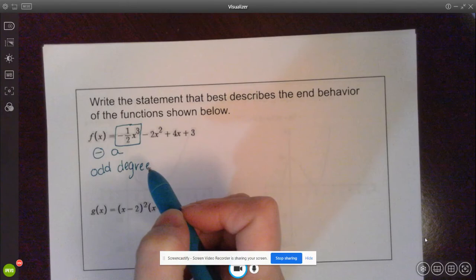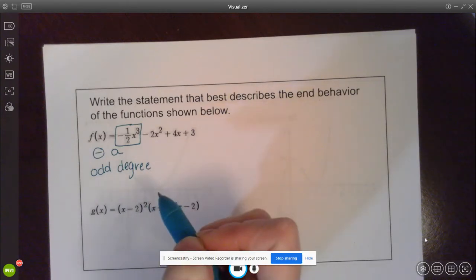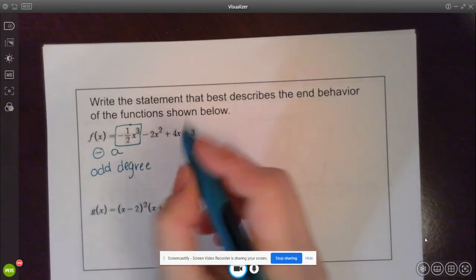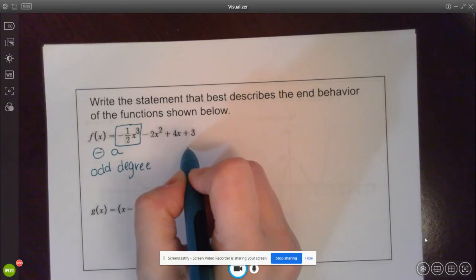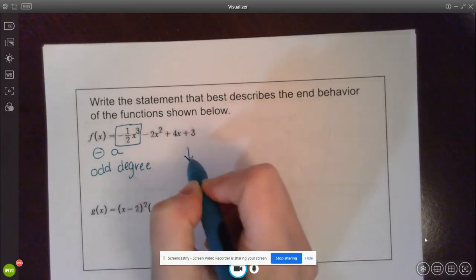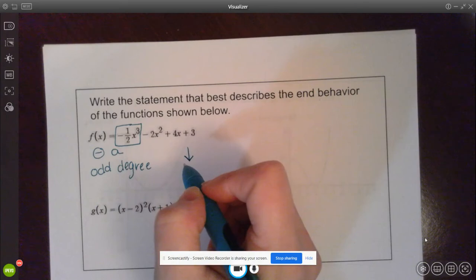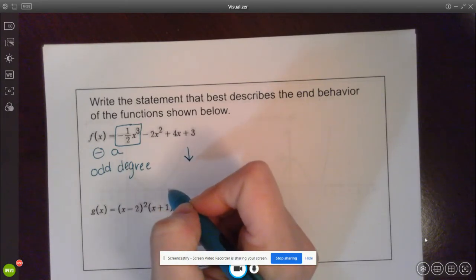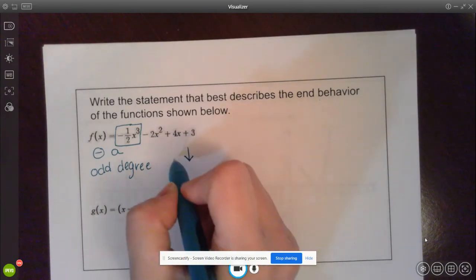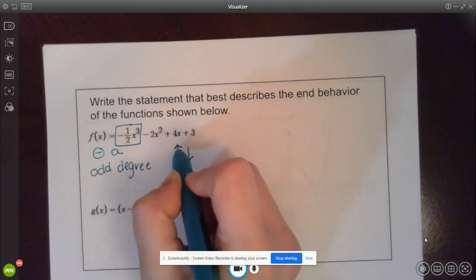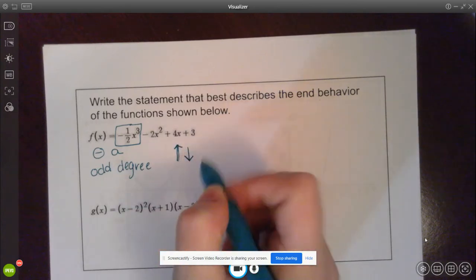So A is negative. That means my right side is going down. And since it's an odd degree number, it's cubic, that means the ends of my graph are going in opposite directions. So the left side is going to go up.